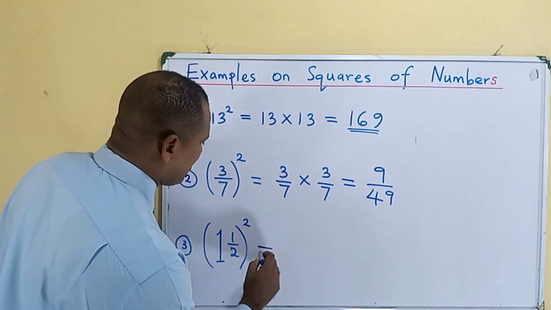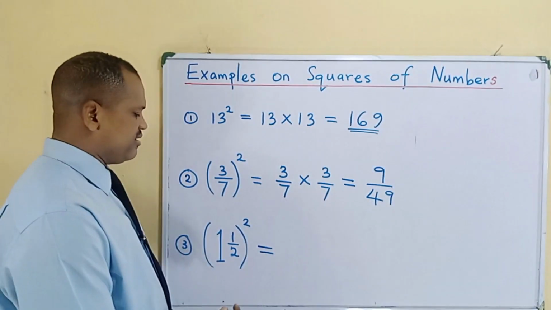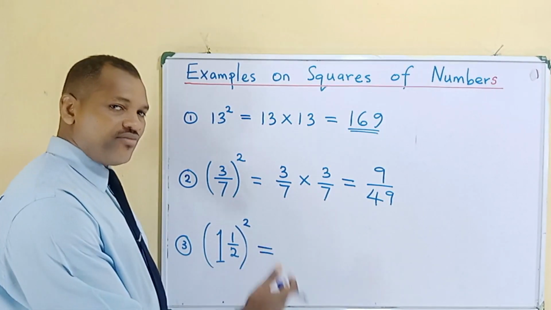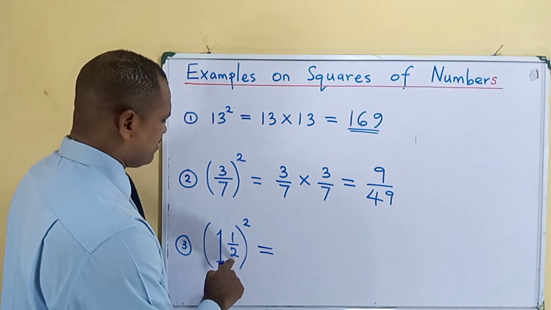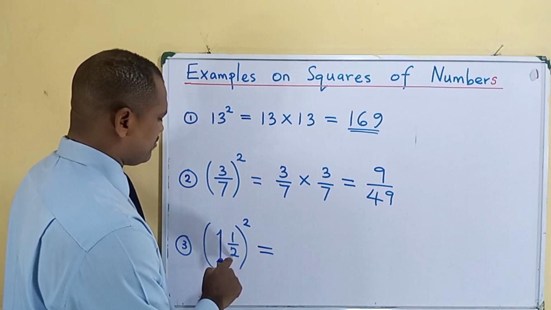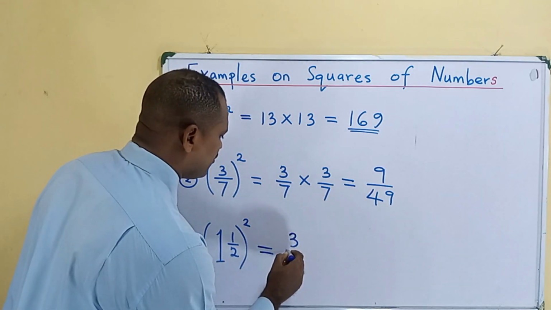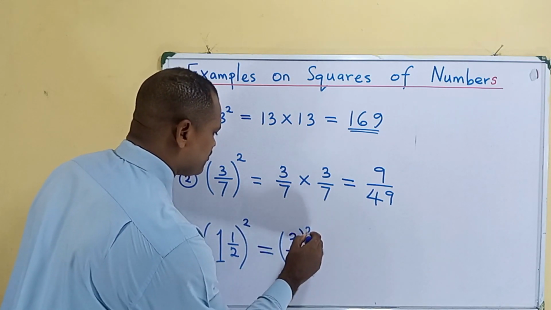The next one here, we have a mixed fraction. All you need to do here is to change this mixed fraction to an improper fraction. That's the first step. So this is same thing as 2 times 1 is 2, this is same thing as 3 over 2 all together square.